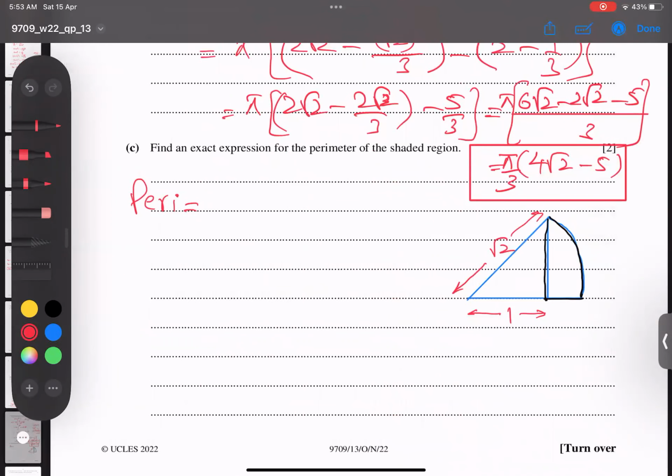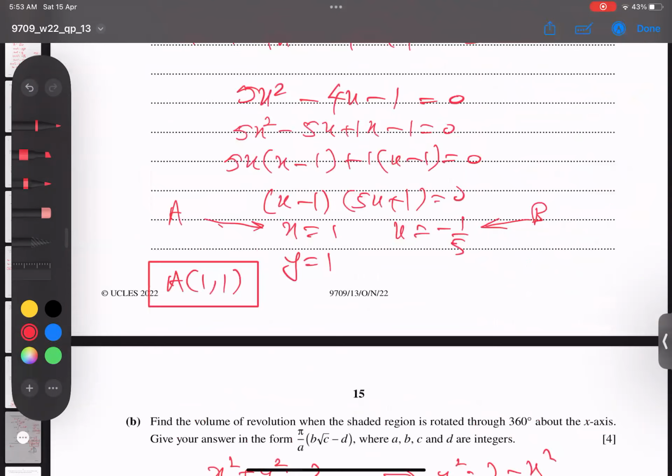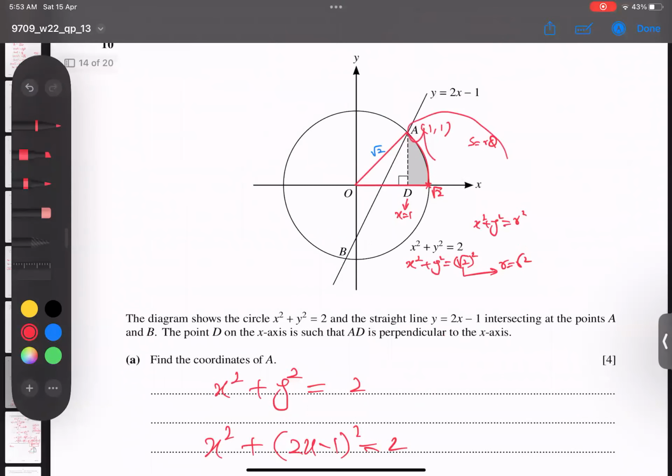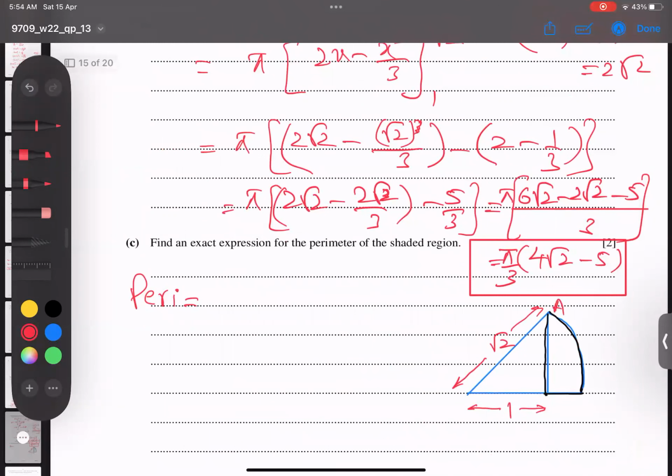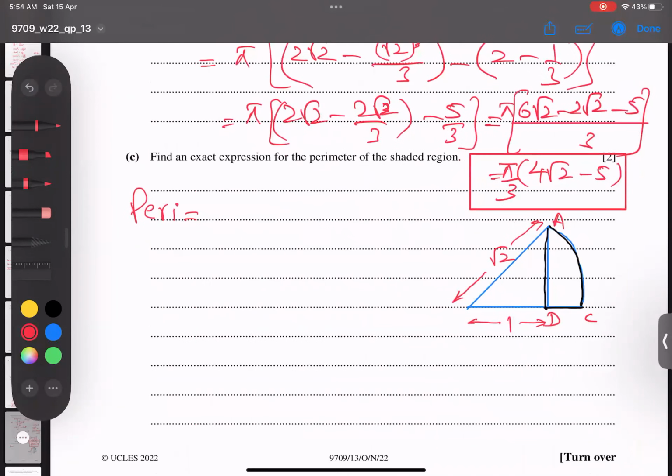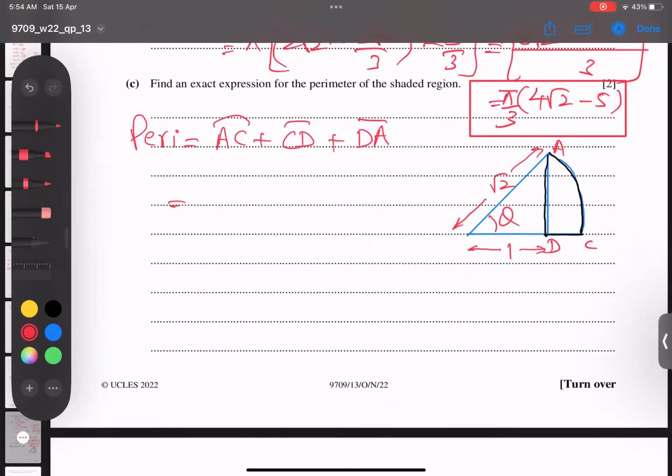Let me write letters: top is A, here D, and I can write this letter as C. So A, C, D. The perimeter is A to C arc length, C to D straight length, and D to A again straight length. What is the arc length formula? S equals R theta. But I need theta, so I'll find theta.